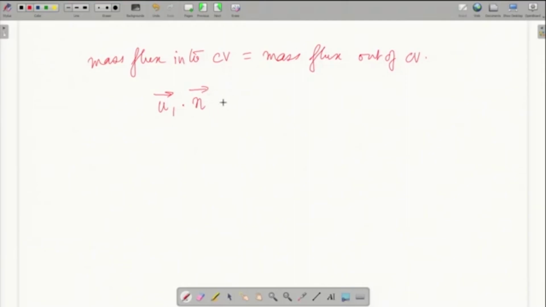Because the interface is moving with some velocity v, already given as a normal velocity, this expression gives you the net velocity at the interface in the normal direction.